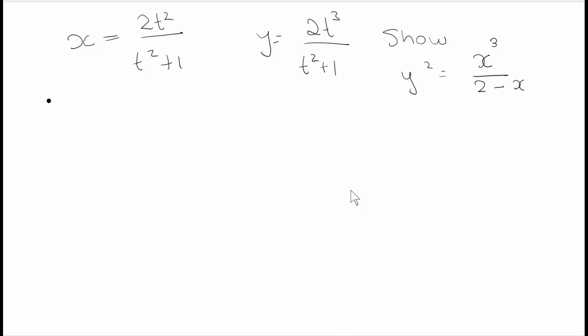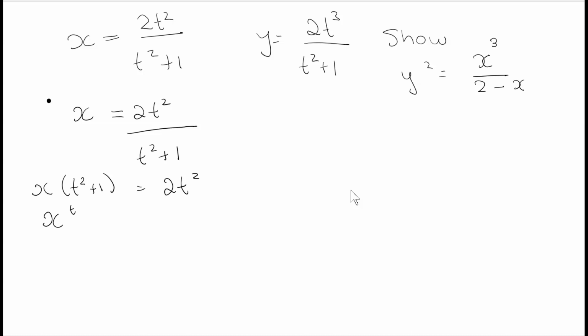And if we start off with x, because what we need to do is find t, and then we can put t into the expression for y. Okay, if we cross multiply, and then put the x on one side and the t's on the other, but what we need to do is multiply it out first.